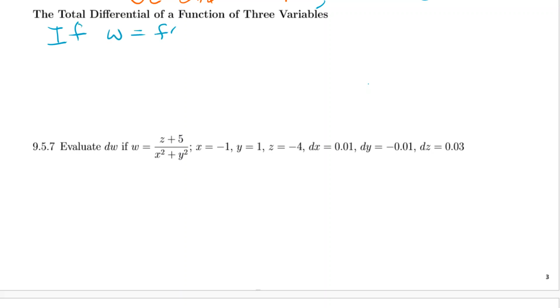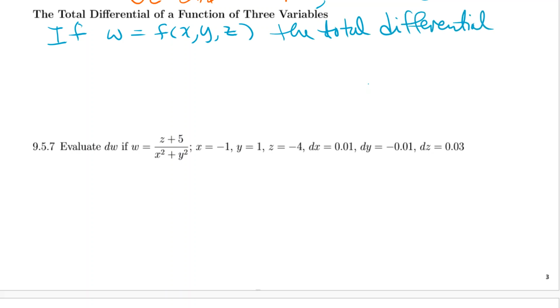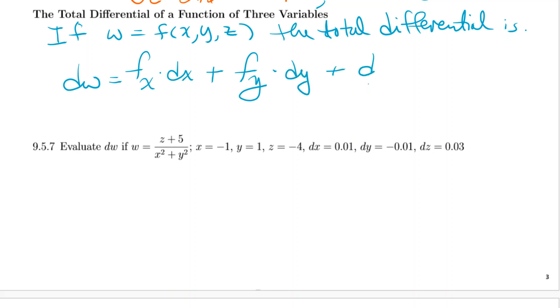If w is in terms of 3 variables, x, y, and z, the total differential dw will be the partial with respect to x times your dx plus the partial with respect to y times your dy plus the partial with respect to z times dz. However much you're changing in x, y, and z with dx, dy, dz.